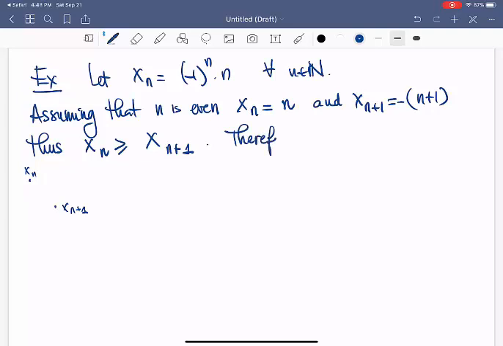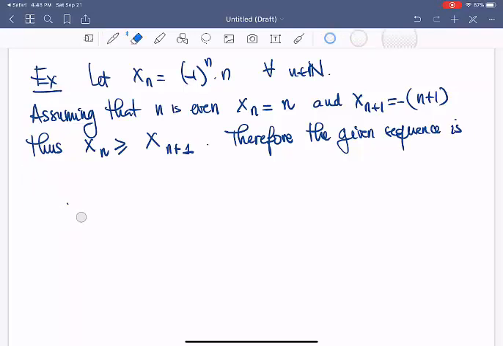Therefore, the given sequence is non-increasing.